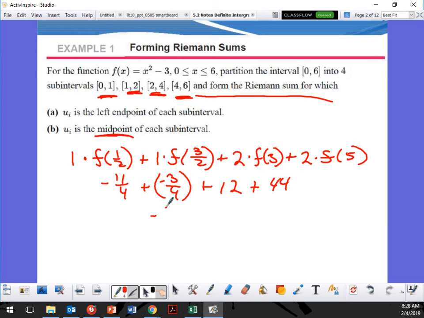Negative 14 over 4 is negative 7 over 2, and that's going to be plus 56, 104 over 2, which is going to give me positive 97 over 2. You guys agree, or you guys just conversating on whatever? I'm checking. No, we agree.